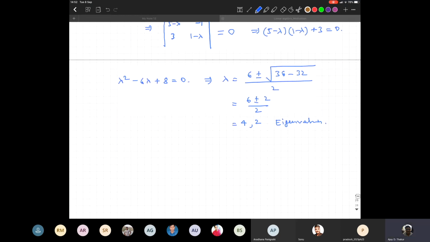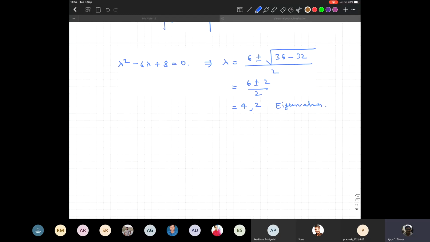And accordingly, one can also find out what would be the corresponding eigenvectors. So for that, let V1 be an eigenvector, which is say (A, B). Then it implies, say for lambda 1 equals 4, let V1 be the eigenvector.